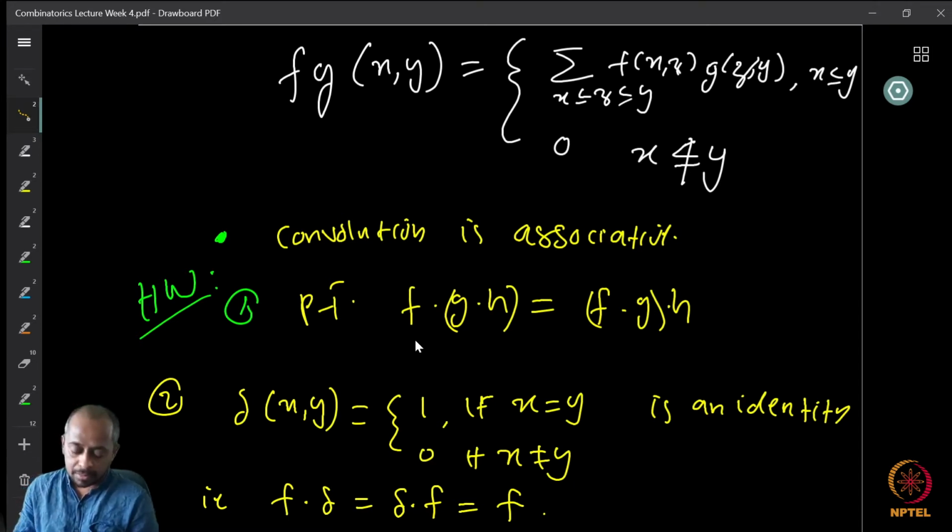That is a claim, and you can prove it by using the definition of convolution: f dot delta is equal to delta dot f is equal to f itself. Therefore, it proves that the delta function is the identity.